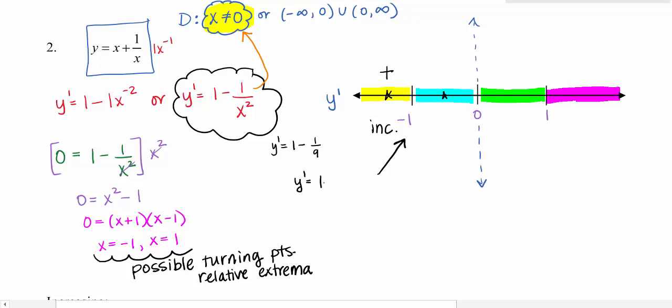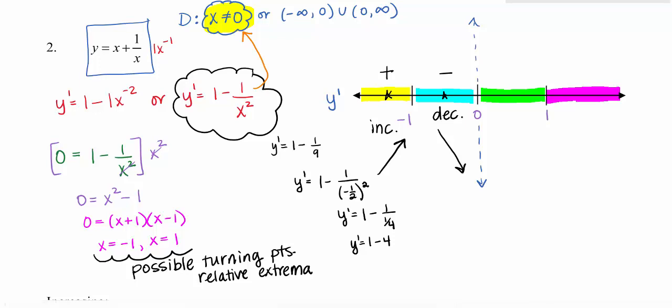So maybe I'm putting in something like -1/2. So that becomes y prime 1 minus 1 over 1/4, or 1 minus 4. That's definitely negative. And again, you could allow your calculator to help you. It's just computation, so it's your comfort level. So because my first derivative is negative, I would say my function is decreasing.